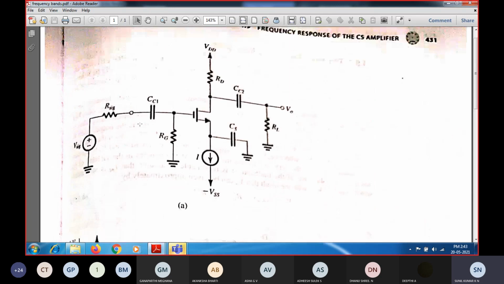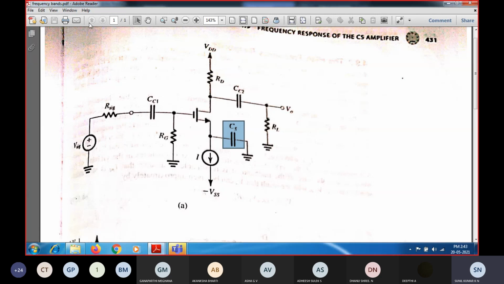So in the high frequency response, I can consider this as a short circuit. From the signal source, if I have a short between the gate and the input gate resistance, I can remove the coupling capacitors CC1, CC2, as well as CS, or consider them shorted. Shorted means it has zero impedance, so it acts like a short circuit.